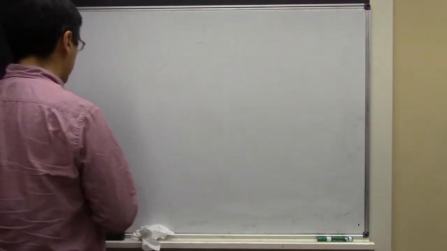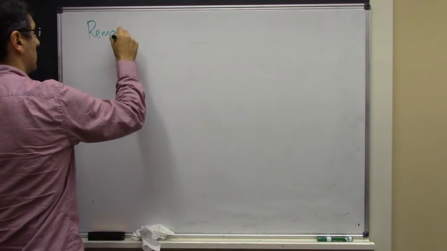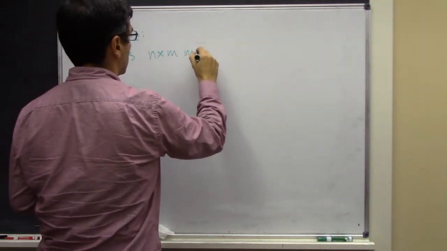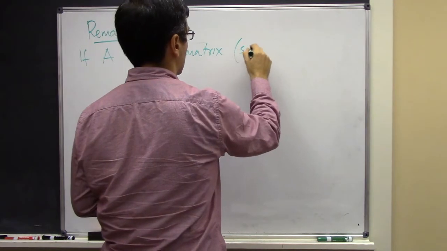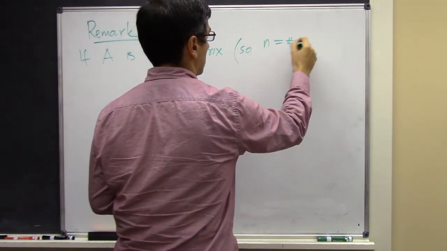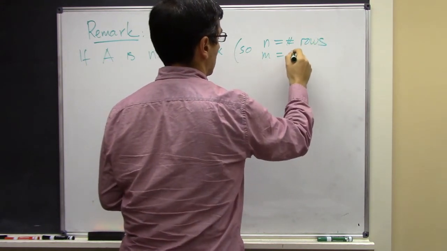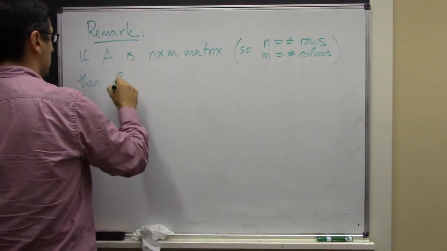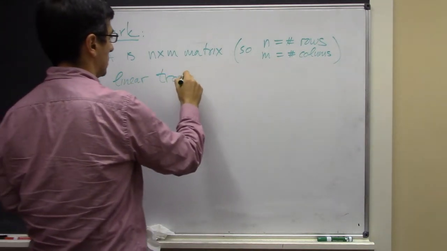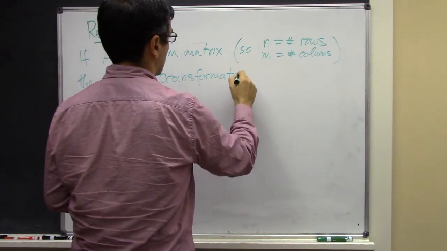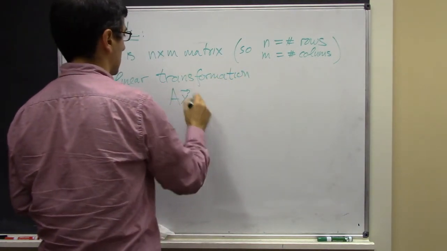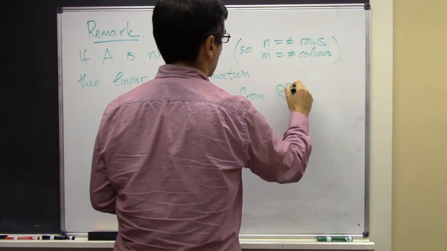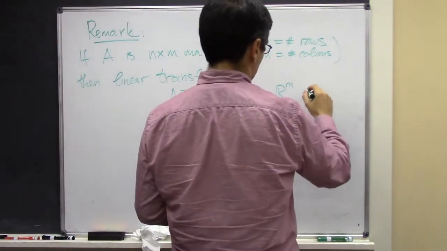So maybe I should make a remark. If A is an n by m matrix, so n is the number of rows and m is the number of columns, then the linear transformation Ax goes from Rm, the number of columns, to Rn.